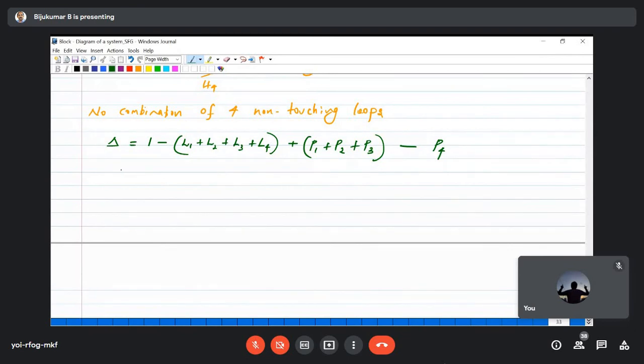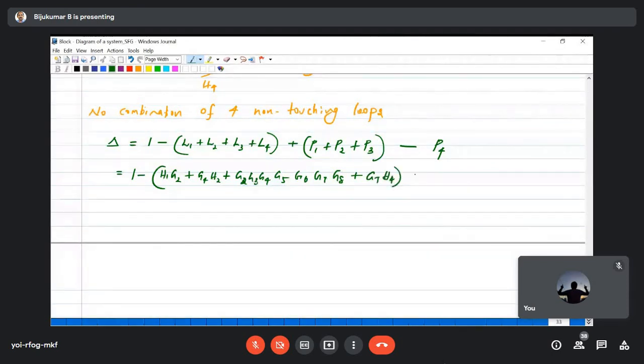So if you substitute all the values, you get 1 minus H1 G2 plus G4 H2 plus G2 G3 G4 G5 G6 G7 G8 plus one more is there, G7 multiplied by H4.